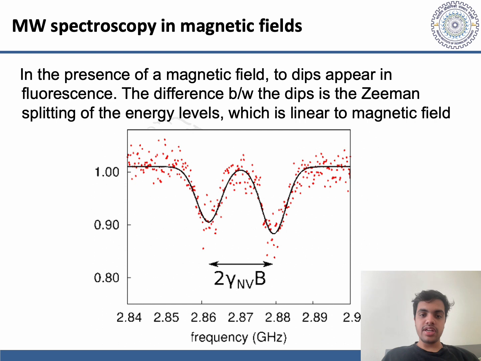And then when you keep increasing, you detune out of all possible microwave transitions, and you would again have a higher intensity over here. So the difference between these microwave frequencies directly corresponds to the energy splitting of the ms equals plus 1 and the ms equals minus 1 state, which is linearly proportional to the magnetic field.